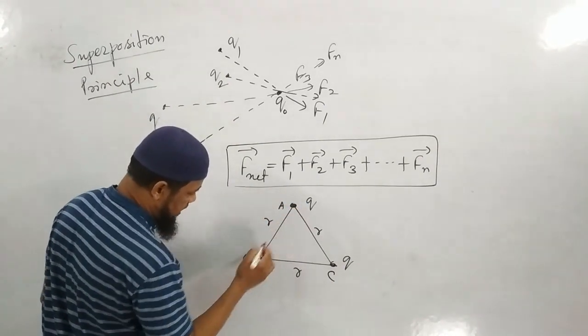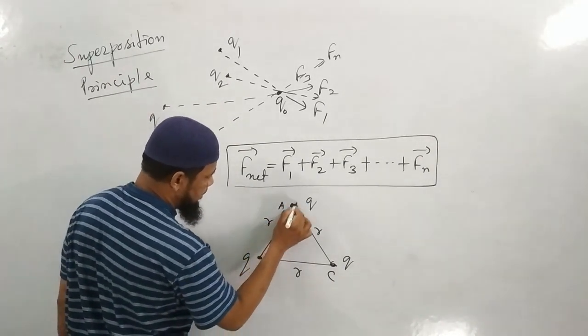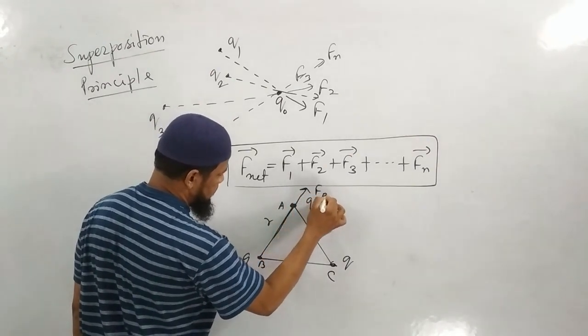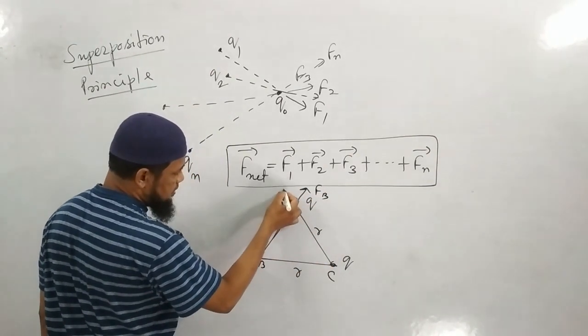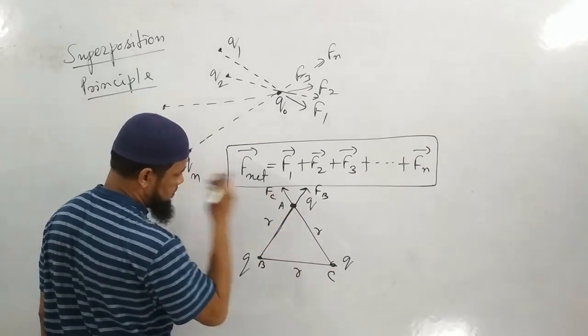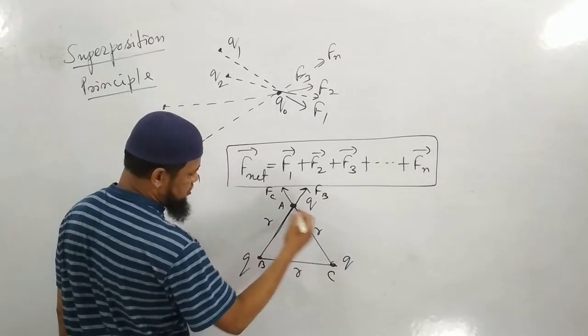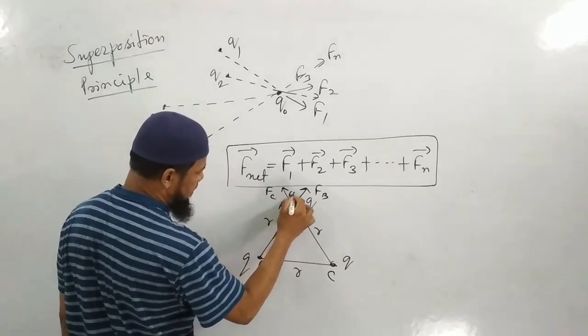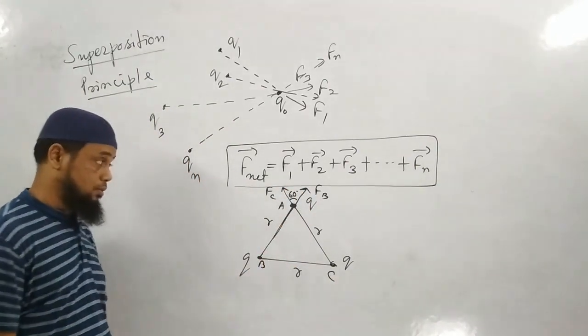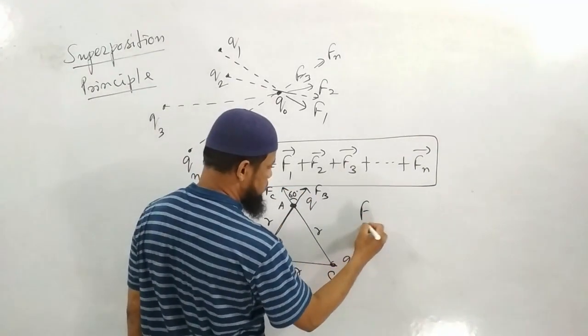At the vertex A, one force will be by B and the other force will be by C. Since this is an equilateral triangle, the angle between them will become 60 degree.